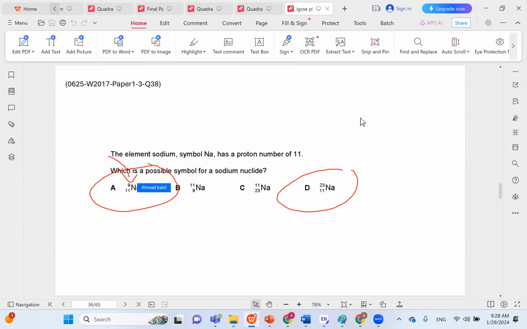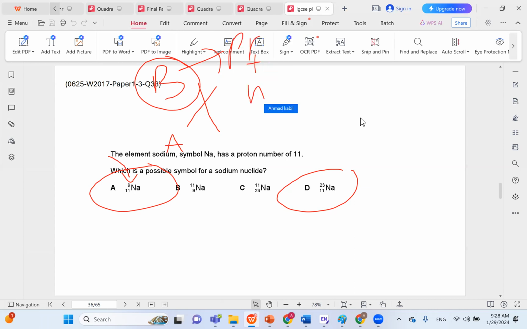So the number of nucleons is 9. The mass number will always be bigger than the proton number. This has to be bigger because this is protons plus neutrons, and this is just protons. So the mass number has to always be bigger than the proton number. So this doesn't make any sense, and we go with choice D, 23/11.